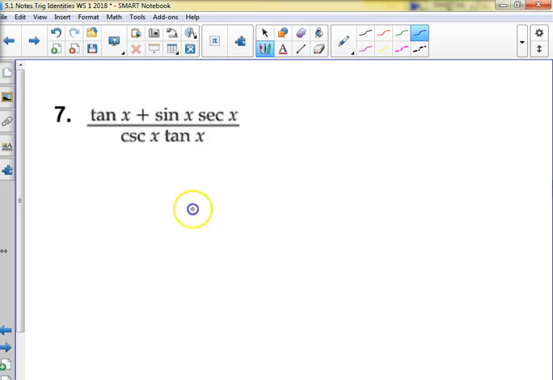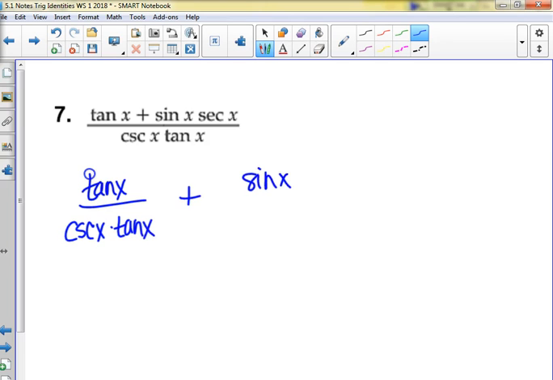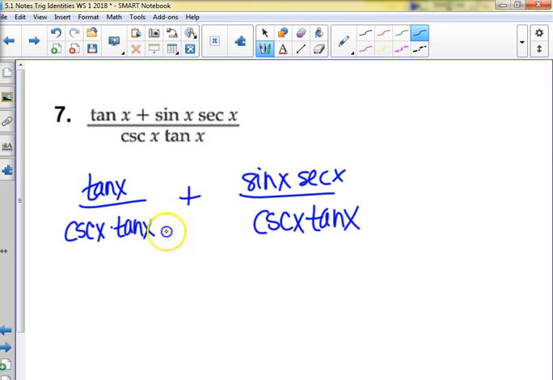I do want to tell you, you could do this. This might be a good idea on some problems. I'm not too sure that it is on this problem. Because these are two things over a common denominator, right? You could separate it and put each one over the common denominator.